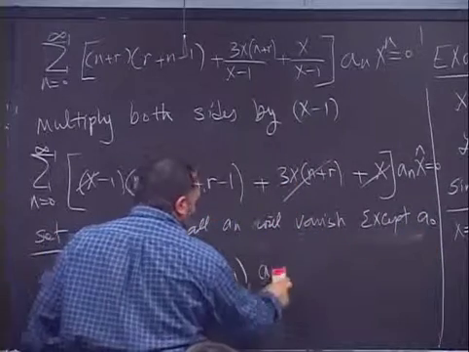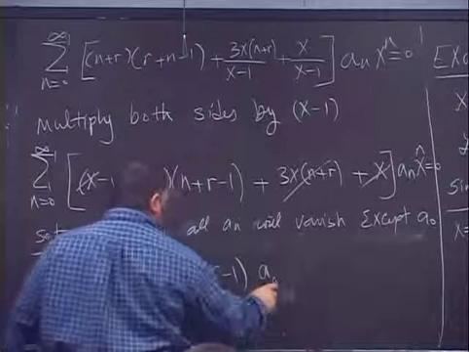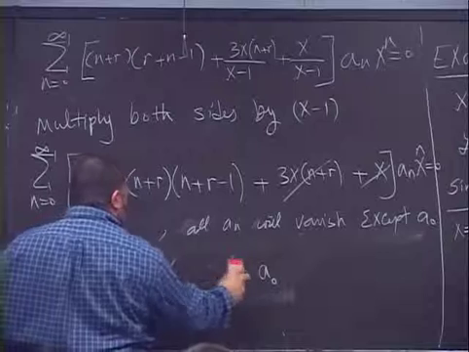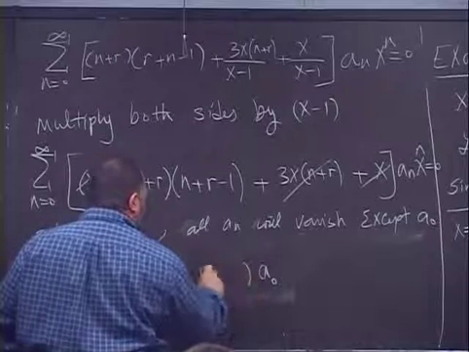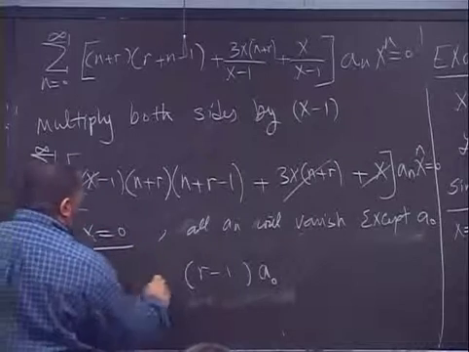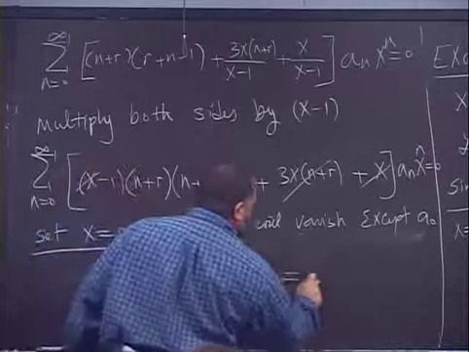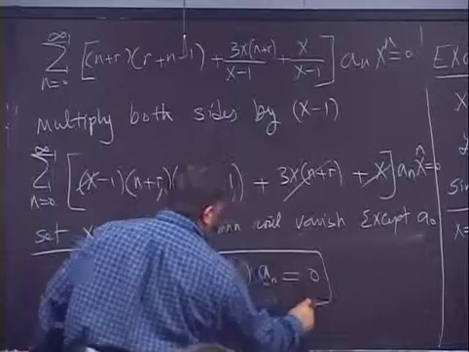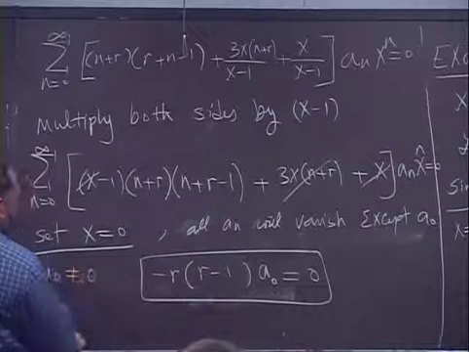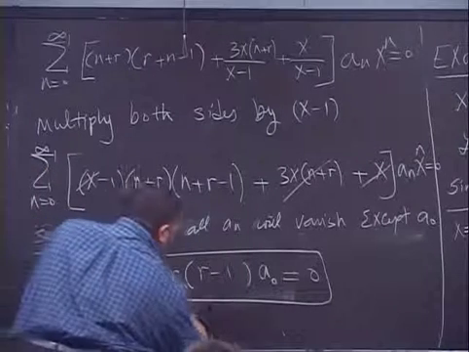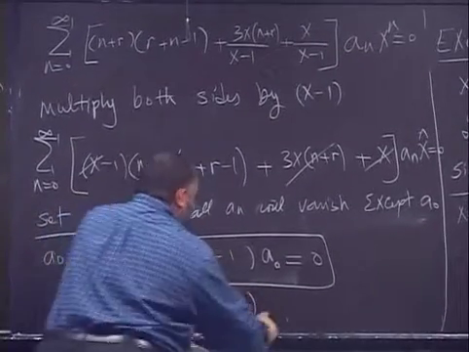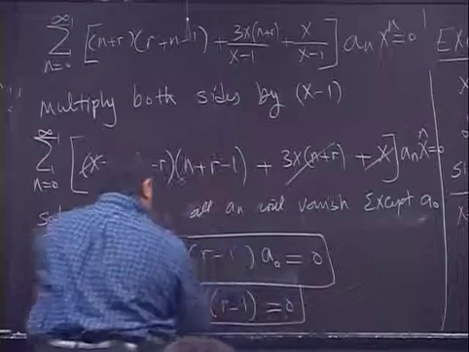So in this case, this will be a_0 and n is 0, so this will be negative r times (r minus 1), and this is equal to 0. So a naught does not equal 0, so the indicial equation will be just r multiplied by (r minus 1) equal to 0. So this is the indicial equation.